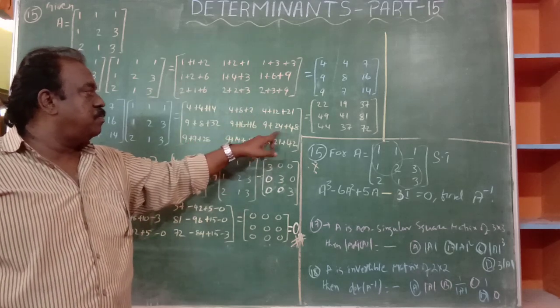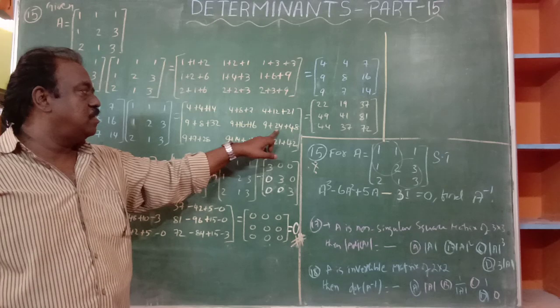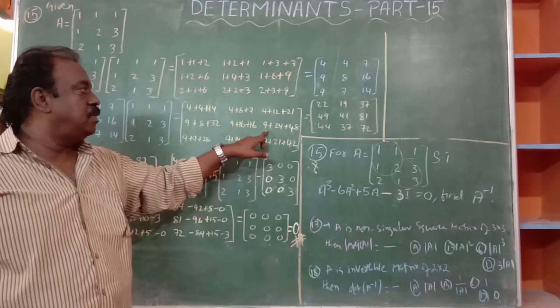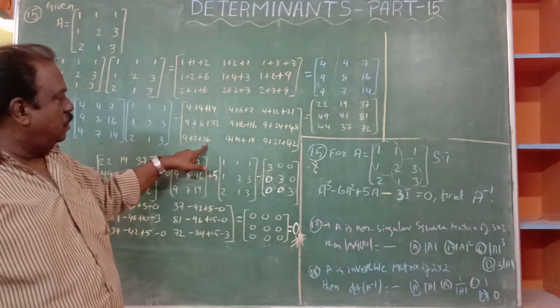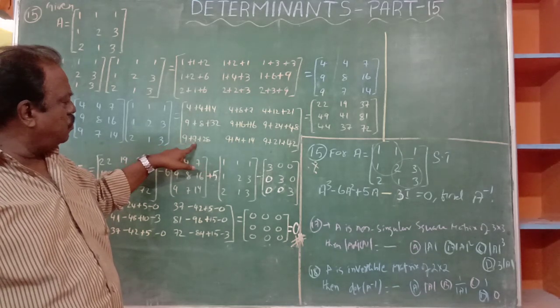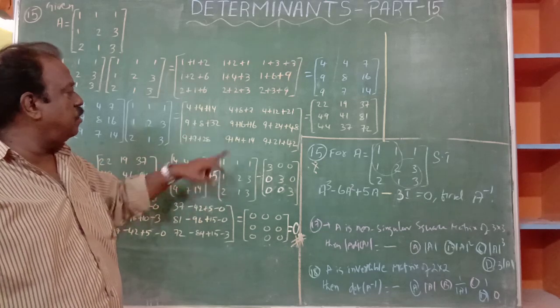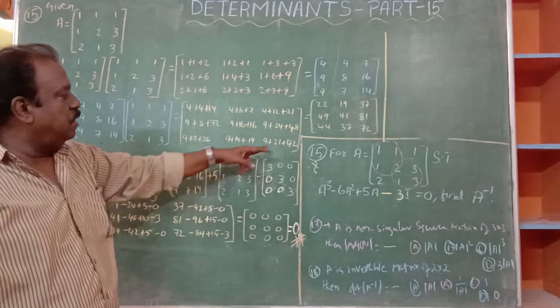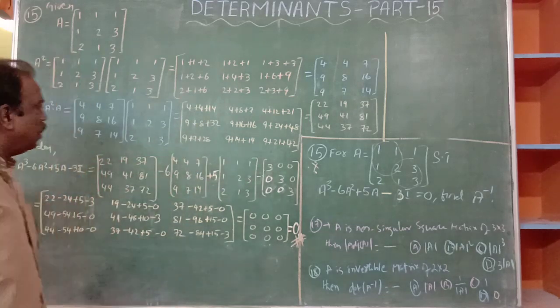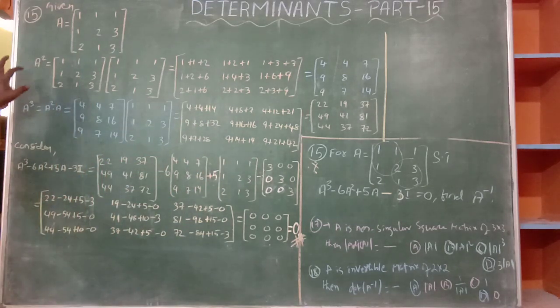Observe me: 48 plus 24 is 72, plus 9 is 81. Then 16 plus 28 is 44, and 14, 14, 28 plus 9 is 37. Yes, it is correct. So we calculated A square and A cube. It is pure arithmetic, very simple. No knowledge or intelligence is needed, only arithmetic.